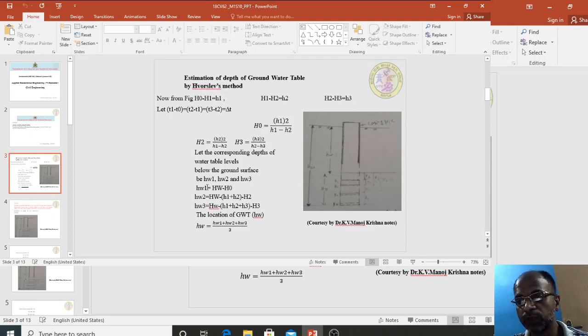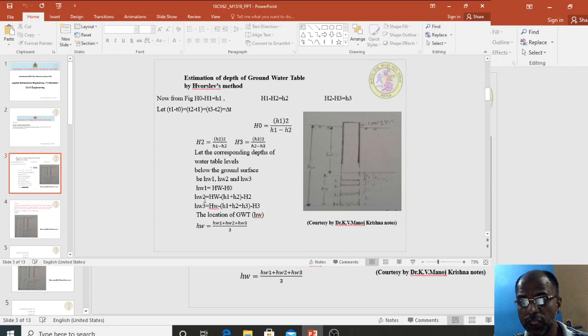Coming to the small hw1 calculation, small hw1 is equal to capital HW, that is the depth of water table location after complete evacuation of water, minus capital H1, where capital H1 is equal to small h1 square divided by h1 minus h2.